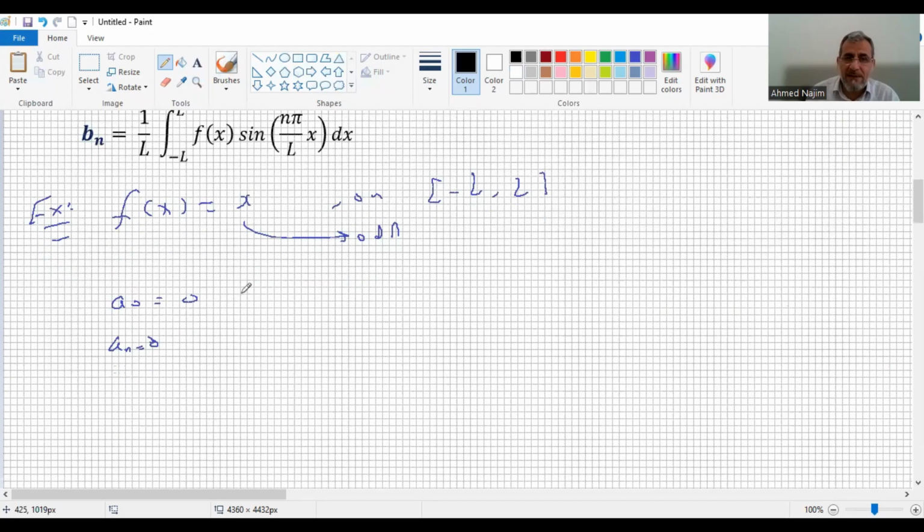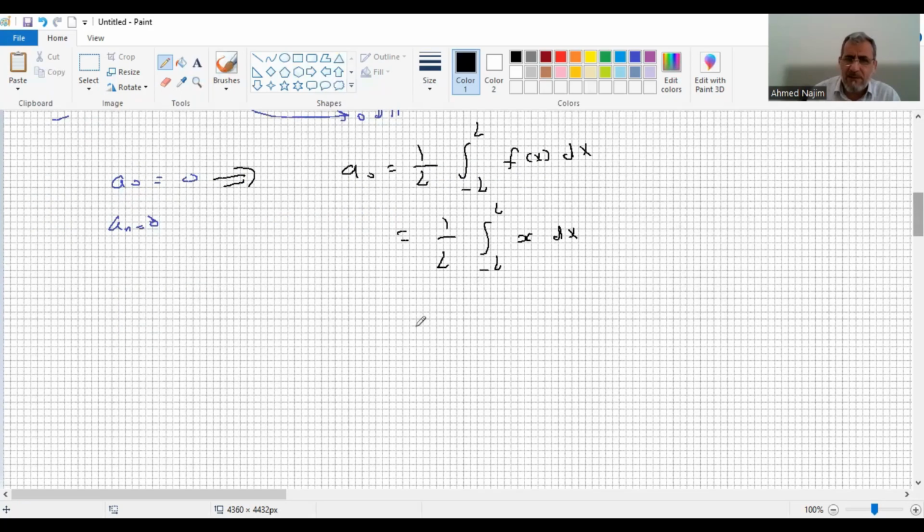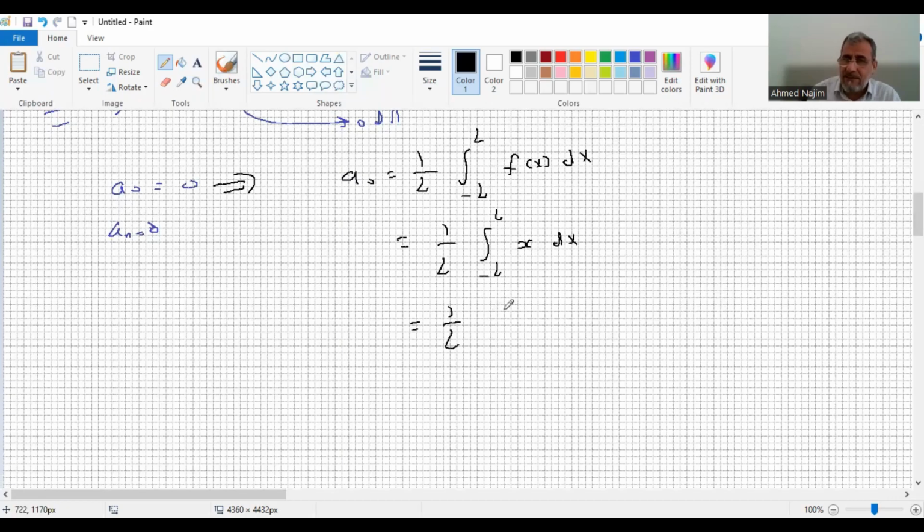To find A naught, which is 0: A naught is 1 over L integral from negative L to L of f of x dx, equal to 1 over L integral from negative L to L of x dx, equal to 1 over L times x squared over 2, that means half x squared, with x from negative L to L. So this will be 1 over 2L, and replace L, so this will be L squared, minus replace negative L, will be L squared, because negative squared is positive, minus L squared, so equal to what? Equal to 0.